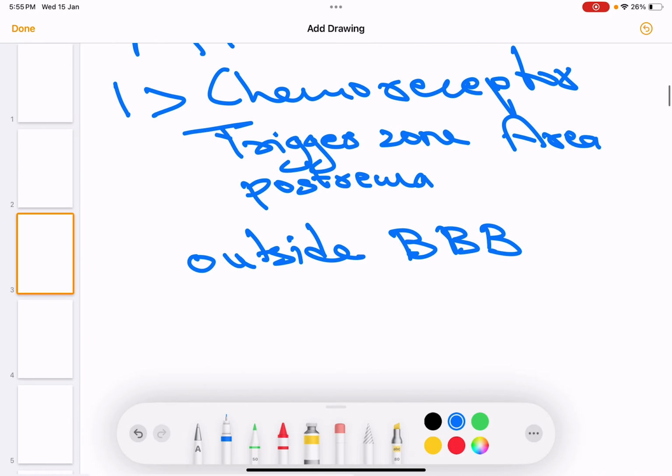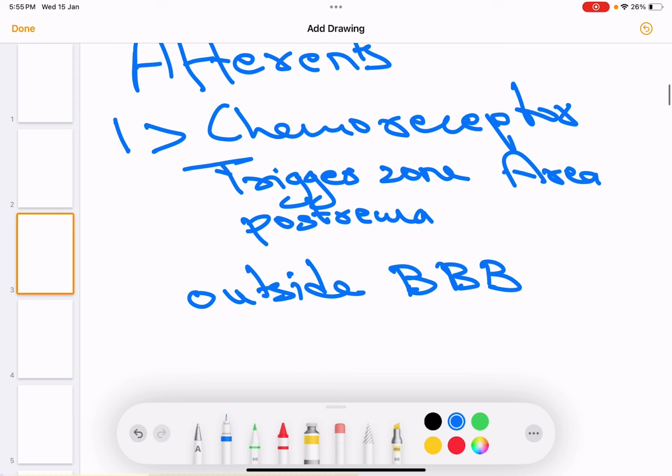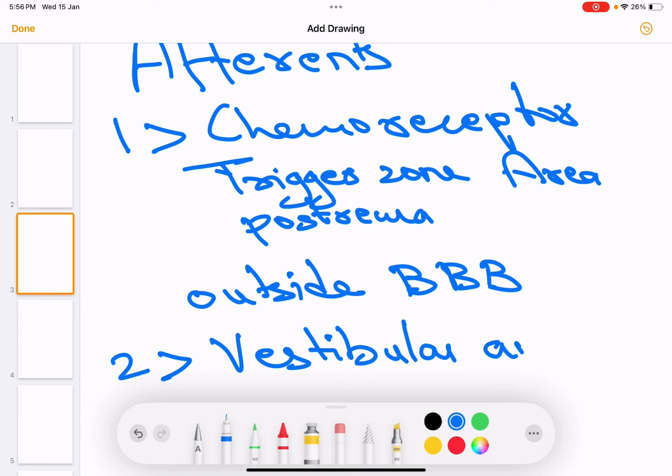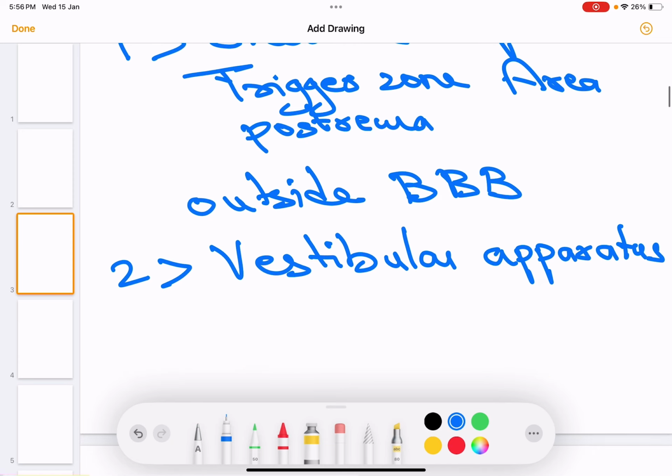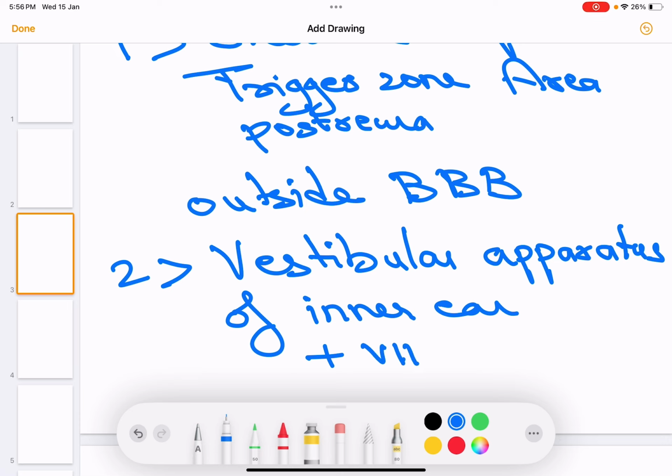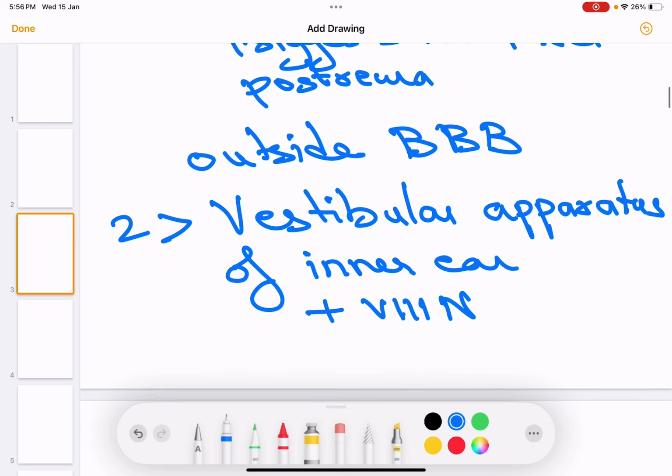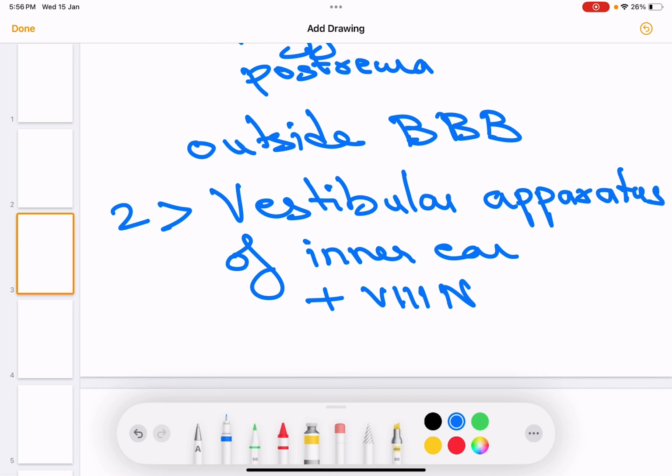So the first afferent is from the chemoreceptor trigger zone. The second afferent is from the vestibular apparatus of the inner ear, along with the 8th nerve, the vestibular nerve. The receptors are M1 and H1.